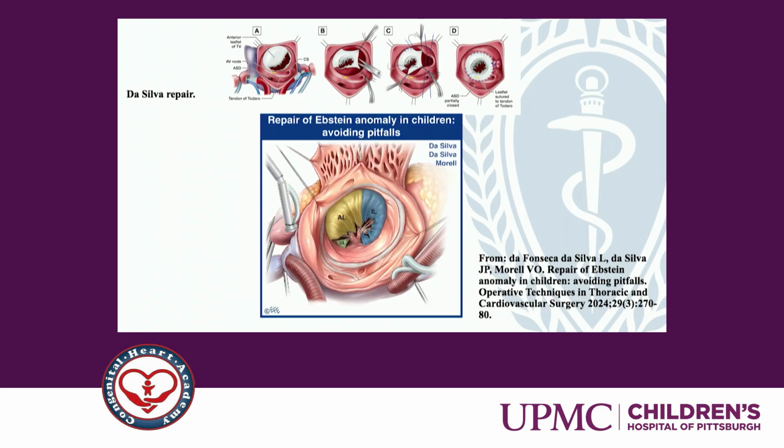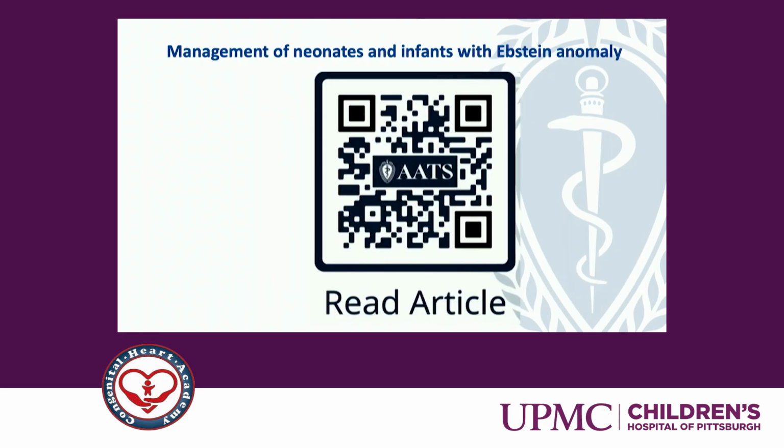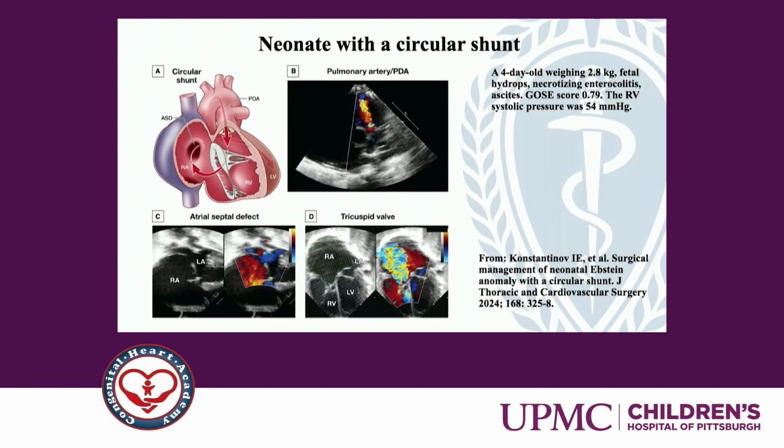Basically, anterior and lateral leaflet is detached, and septal leaflet is reconstructed often with a pericardial patch, and the annulus is reduced. This is a QR code to our published consensus, which is easily available online and can be read in detail.